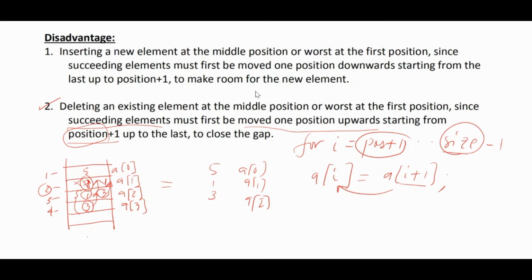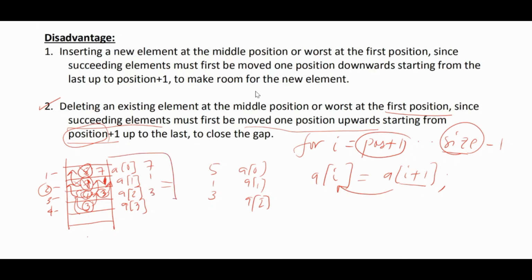And the worst position to delete from is at the first, because you are moving a lot of elements. So if you're going to delete, say for example, 5, you're going to move 7 up, this becomes 7. You're going to move 1 up, this becomes 1. And then you move 3 up, this becomes 3. So the result is 7, 1, and 3.